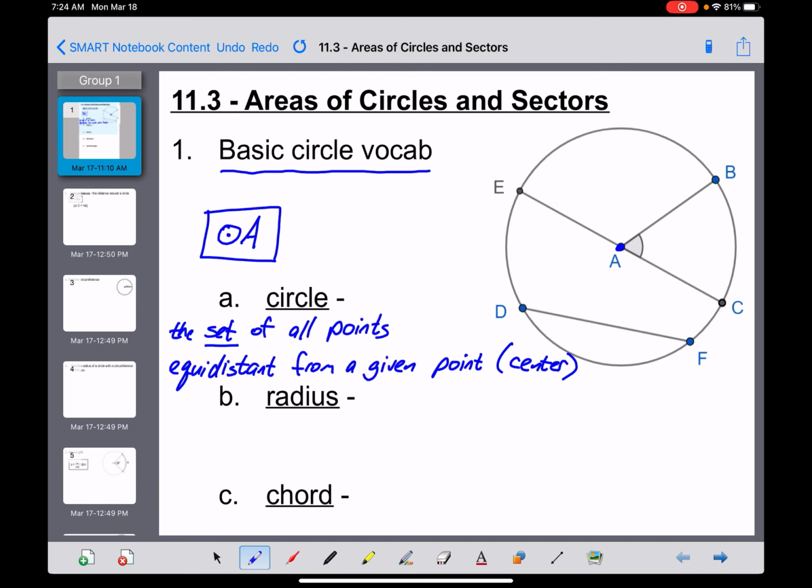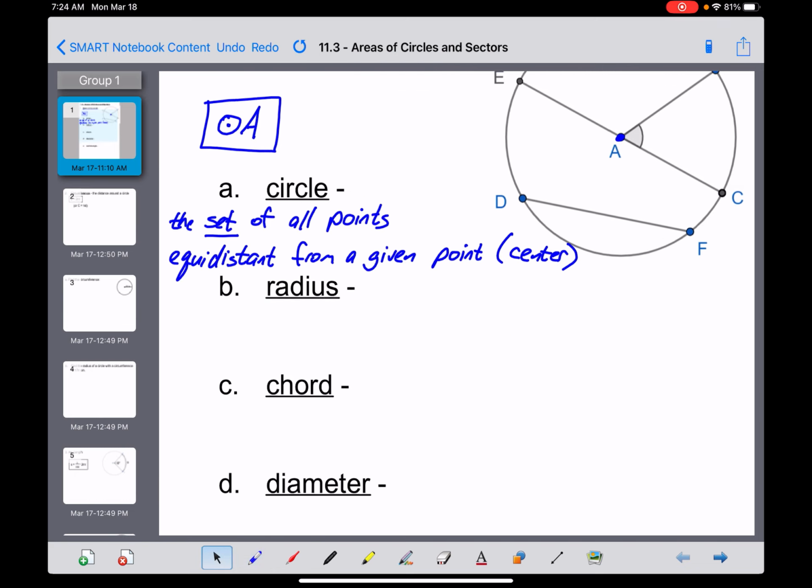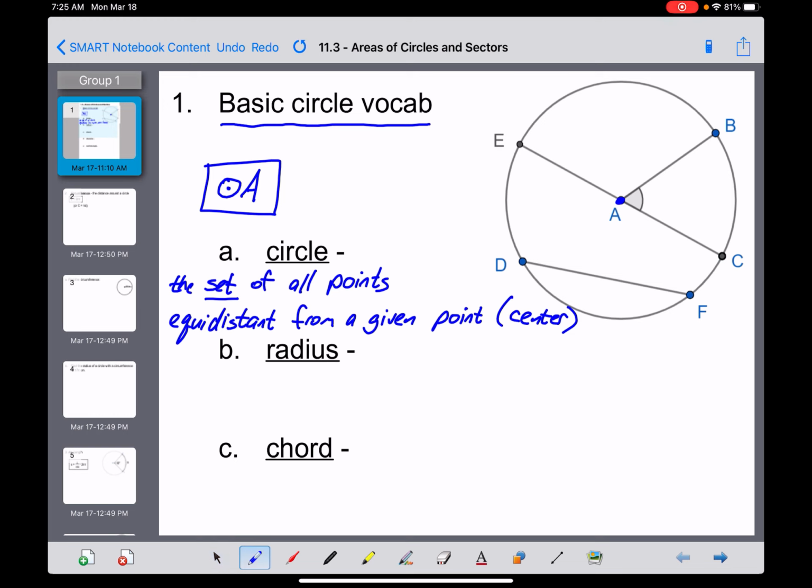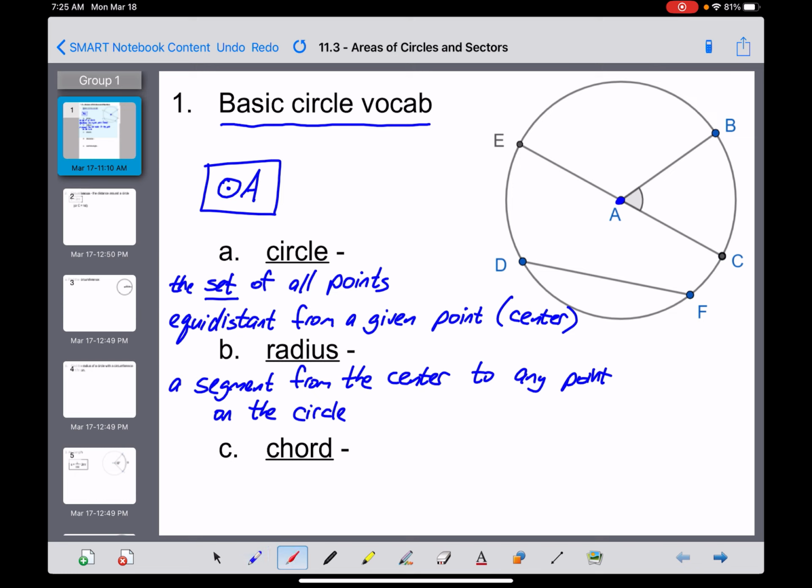Okay, so moving on down, a couple more things that we want to define as we go through here. A radius is going to be a segment, let's jot this one down, a segment that goes from the center, so it's got to start in the middle of the circle, from the center to any point on the circle. And because a circle is made up of an infinite number of points, that means that every circle has an infinite number of radii.